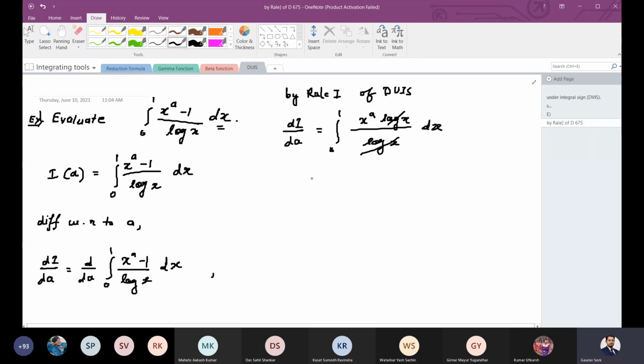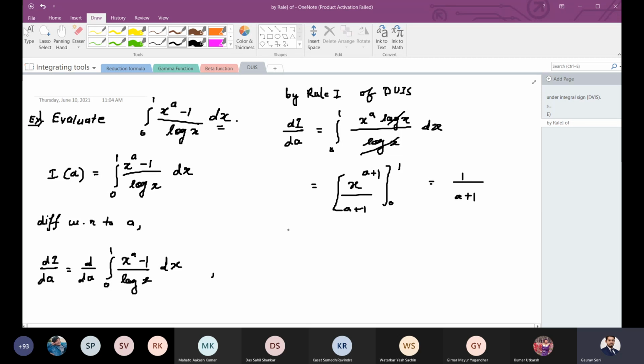So integration of x raised to a with respect to x is x raised to a plus 1 upon a plus 1, from 0 to 1. So this is 1 upon a plus 1.